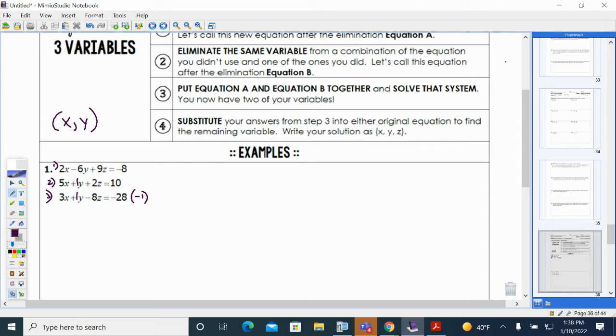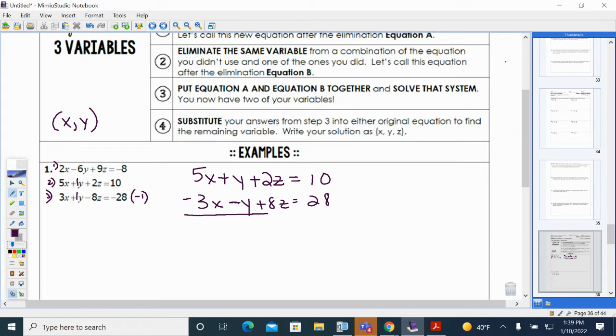Using equation 2, and then multiply equation 3 by negative 1. That would be minus y before I make a mistake here. So minus y plus 8z equals a positive 28.